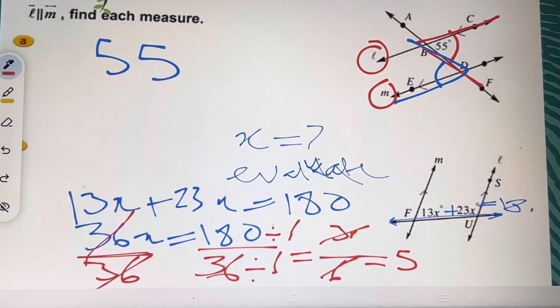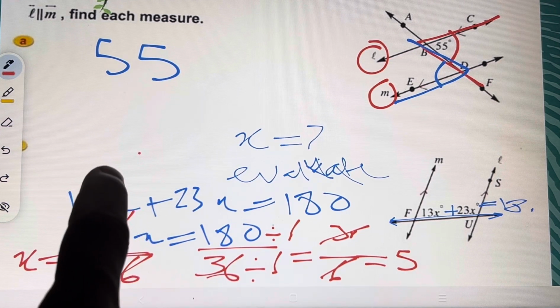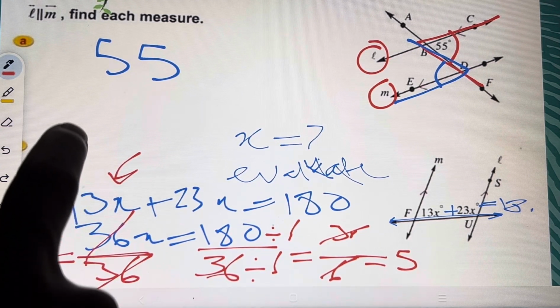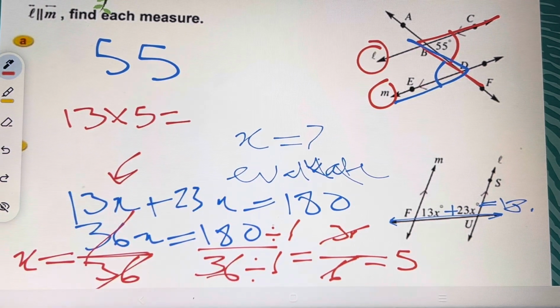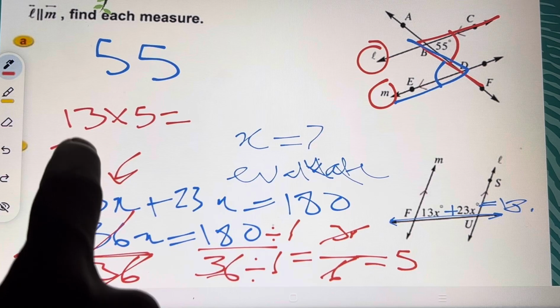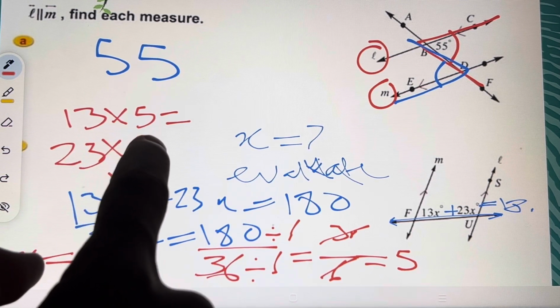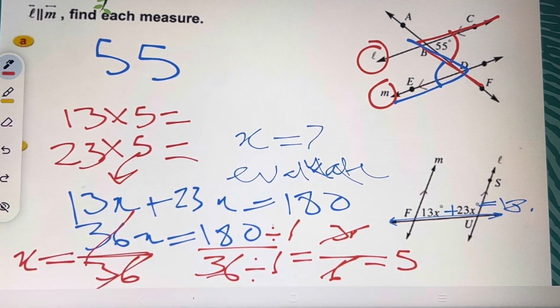This is not the answer for the angle. This is the answer for the missing variable, which is x. What I'm going to do is evaluate for x. So I'm going to say 13 times 5 for the first one, and for the second angle, 23 times 5. When I do this, I'm going to find the measure of both angles.